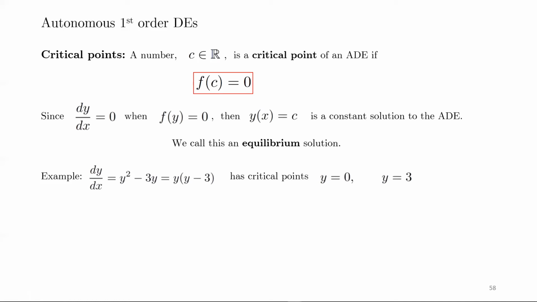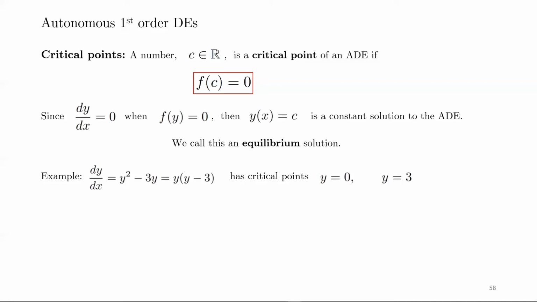Okay, so now that we've defined these things called critical points, we can plot the phase portrait of this autonomous differential equation. The direction fields that we plotted earlier in this lecture were plotted on a two-dimensional plane because we had two variables, x and y.